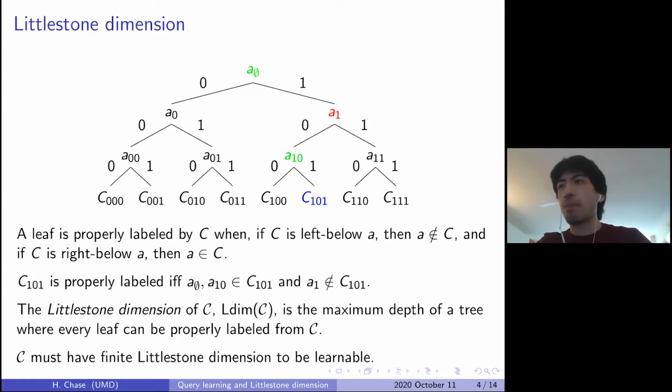Basically no matter what equivalence query we submit or what membership query we submit, there will always be a way for an adversarial teacher to give us an answer such that the Littlestone dimension of the remaining possible concepts is still infinite.